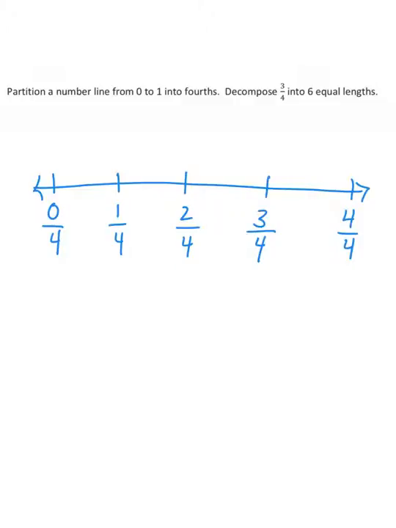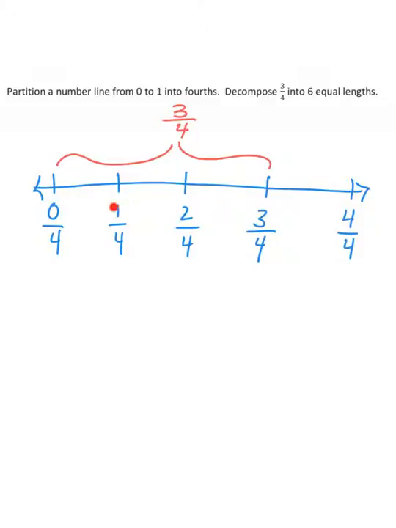So what they want us to do is decompose 3/4 into 6 equal lengths. So let's mark off this part right here, which represents 3/4. We have to get in between here to show 6 equal lengths, and we have to stop here.